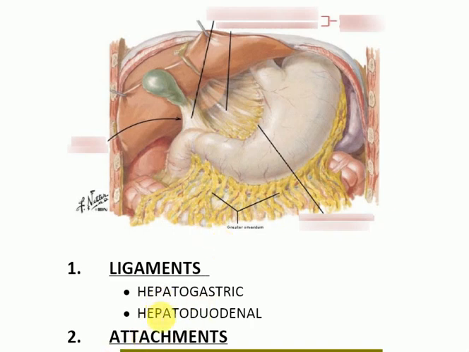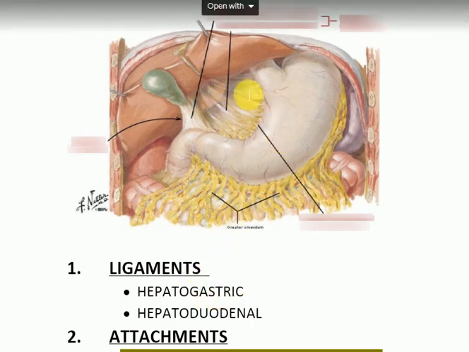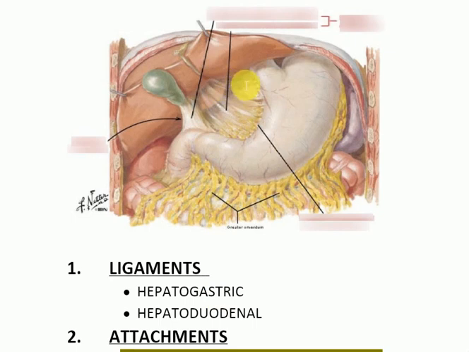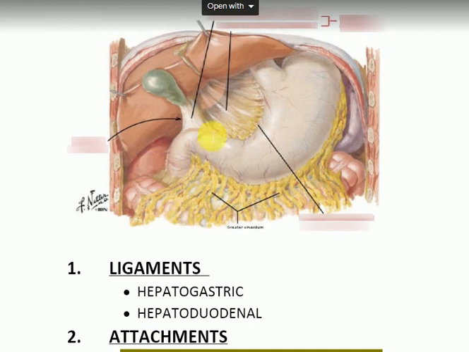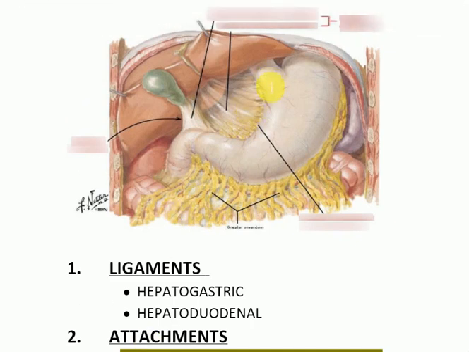Both these ligaments are actually parts of the lesser omentum. They are contained in the lesser omentum. So the hepatogastric ligament, which connects the lesser curvature of the stomach to the liver, here run the right and left gastric arteries, and during surgery, sometimes this ligament is cut to access the lesser sac.